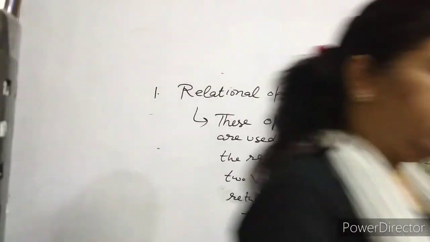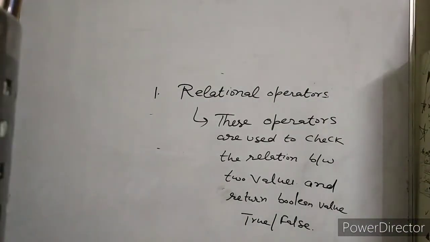Right? This is the definition of relational operators. These operators are used to check the relation between two values and return a Boolean value true or false.